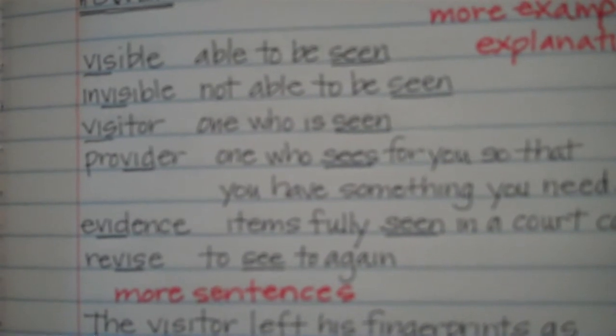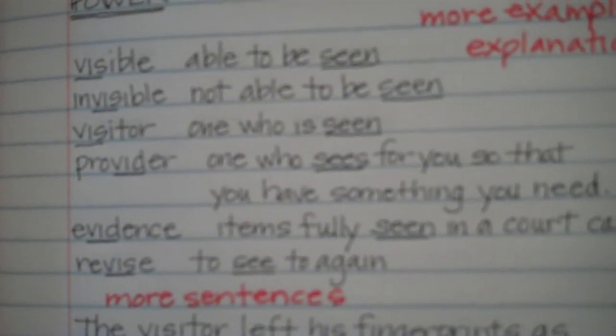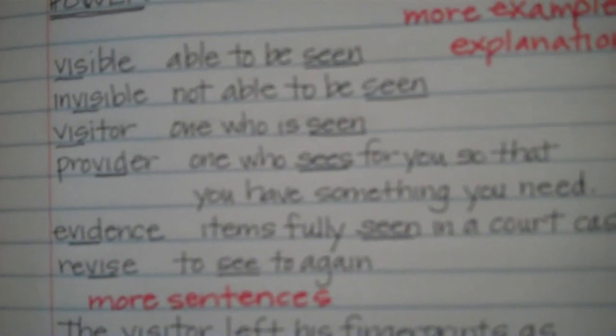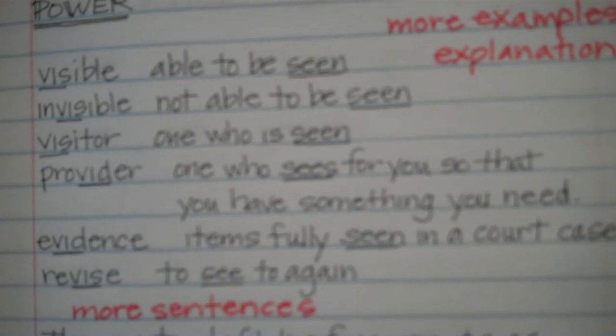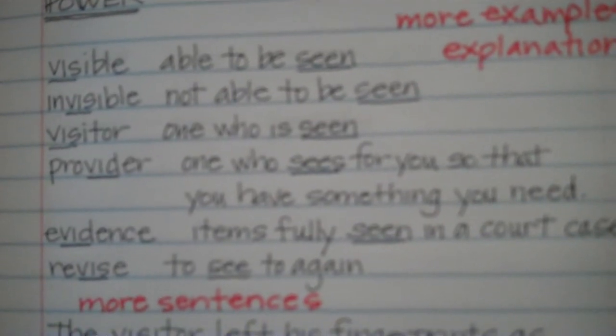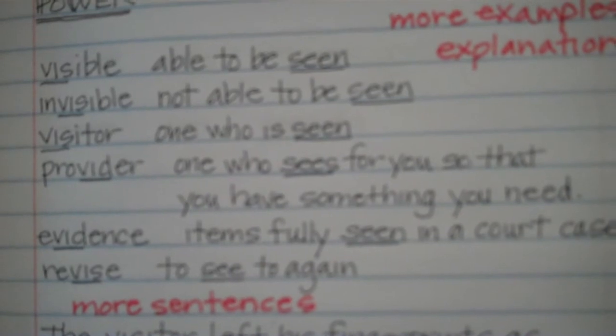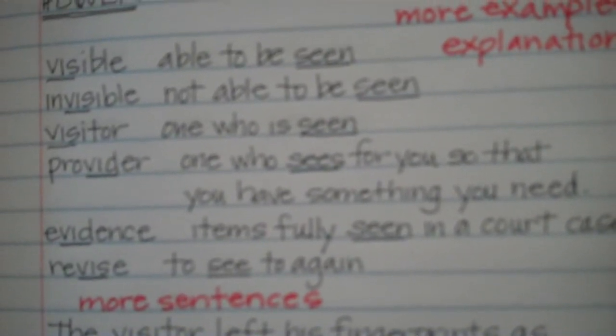Visitor, one who is seen. Provider, one who sees for you so that you have something you need. Evidence, items fully seen in a court case. Revise, to see again.